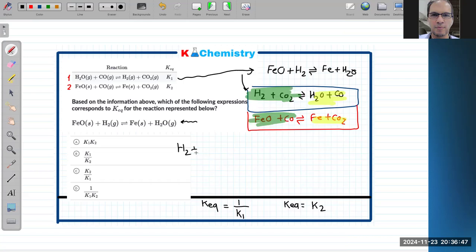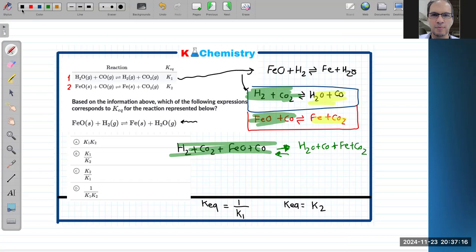So H2 plus CO2, these are reactants, and these are reactants also, CO, right? These are all my reactants, put together. And then I will put all my products together, which are H2O plus CO plus Fe plus CO2.